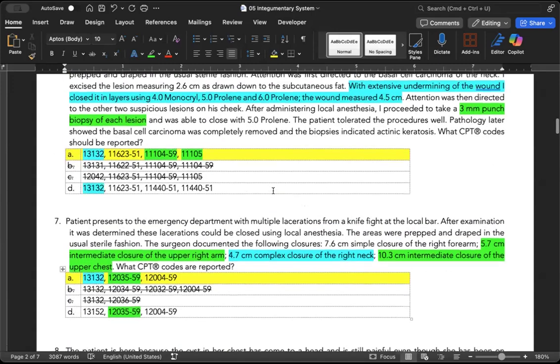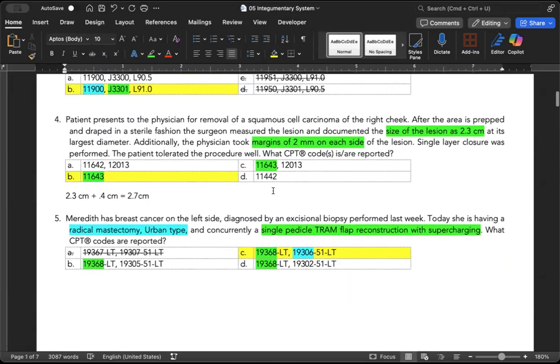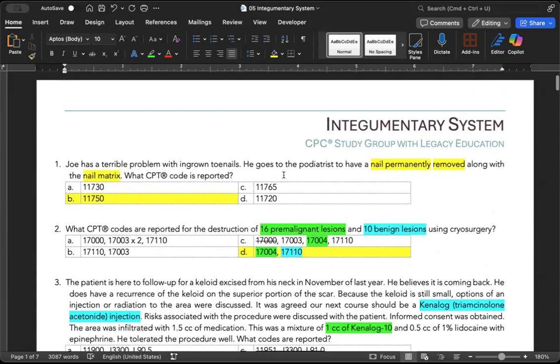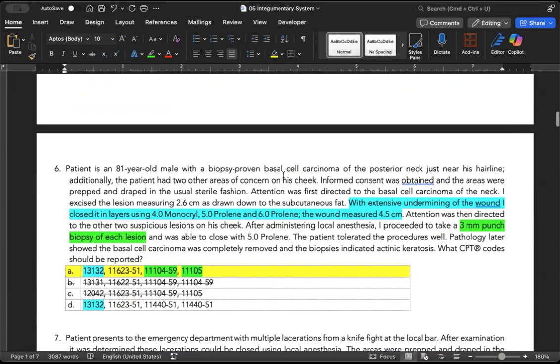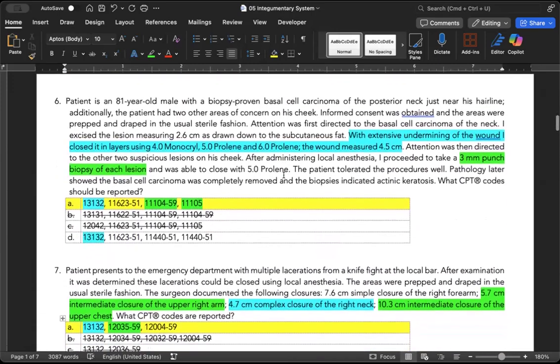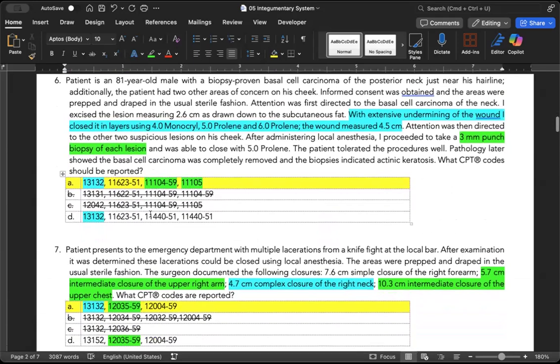And then there was one other thing. Oh, there was one up here. Hang on, let me scroll up. Let me figure out which one it was. My eyes always play a trick on me. Like with this one here that we did, you see how they are transposing some numbers to see if your brain is paying attention to them. So they will give you some options that are going to be very, very similar.